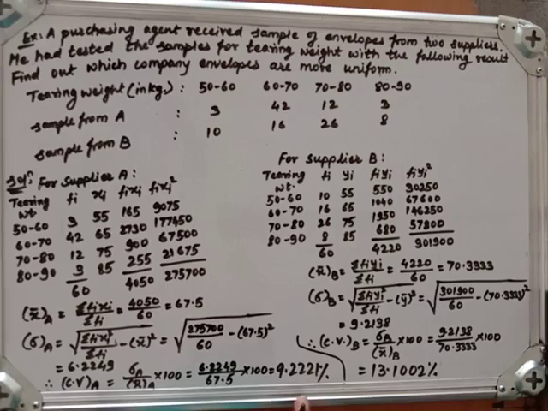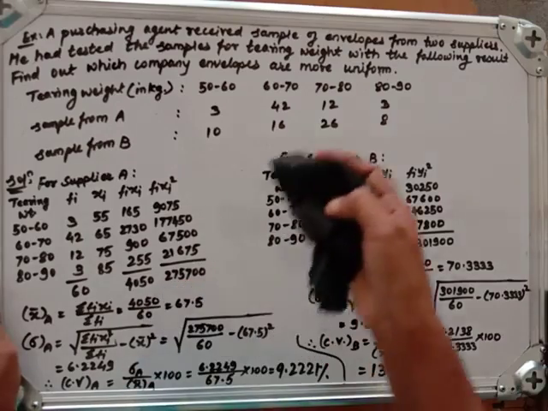So CV for A is less than CV for B. So company A's envelopes are more uniform than company B's envelopes, as this CV is less. So finally, how to write the answer?